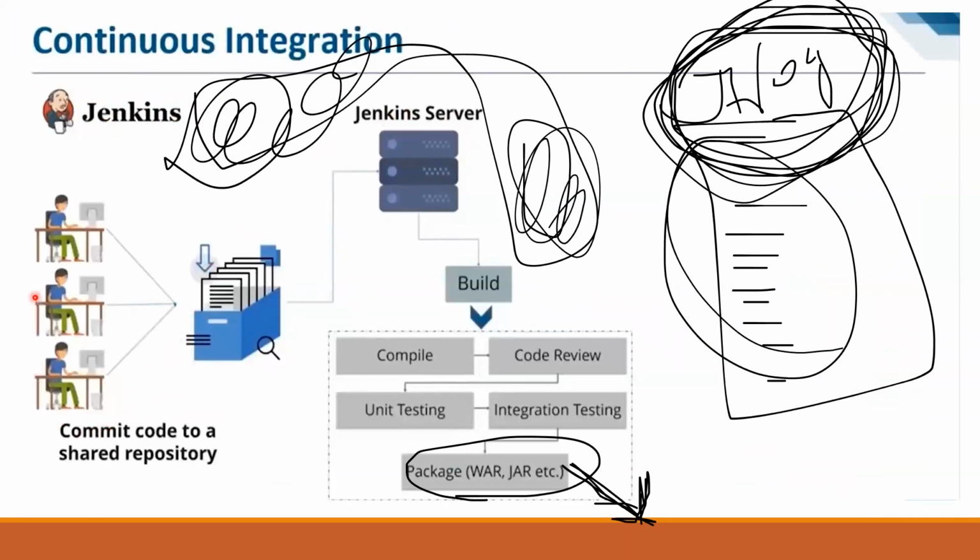Whatever code the developer develops is committed into a shared repository, like Git, and the Jenkins server automatically gets the code and builds it. Build means compile, code review, unit testing, integration testing, and finally packaging a war or jar. This is continuous integration.